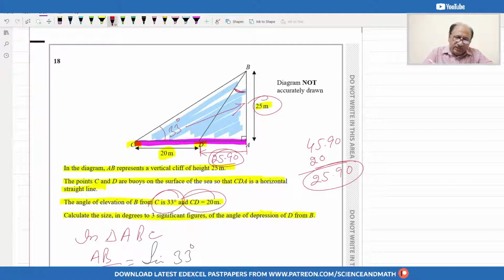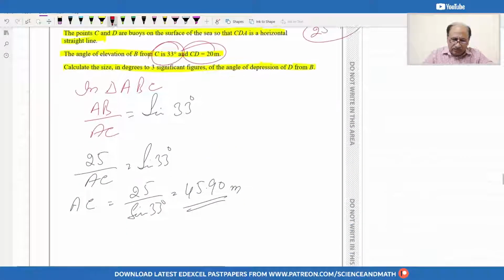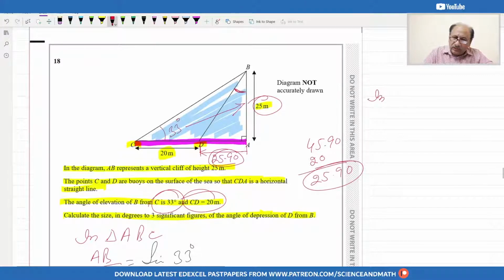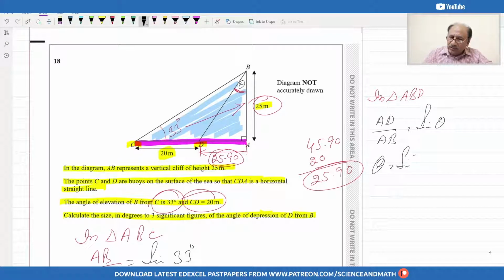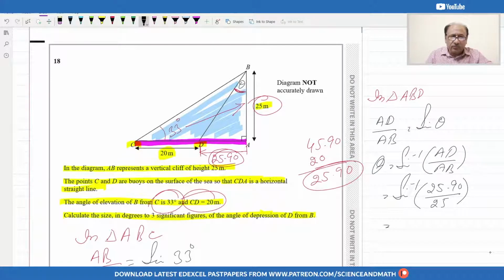Now we can find this angle if we consider triangle ABD. So in triangle ABD we can take opposite over adjacent, which is AD over AB, which is equal to sine of theta. We can take this one as angle B, so theta. Basically this will not be sine, it should be tan.